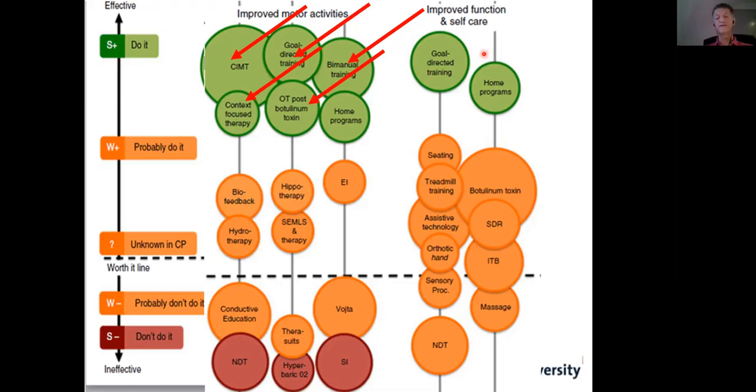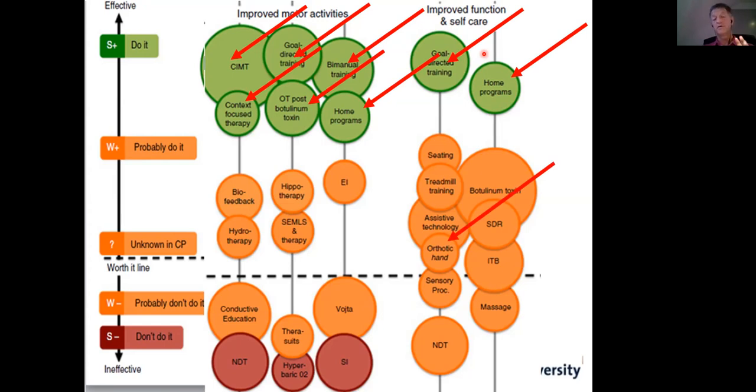So at motor activity, you don't see botulinum toxin back. And the home programs, they are all related to the infant treatment. And the same for the participation domains. The goal-directed trainings and the home trainings are named as very effective.